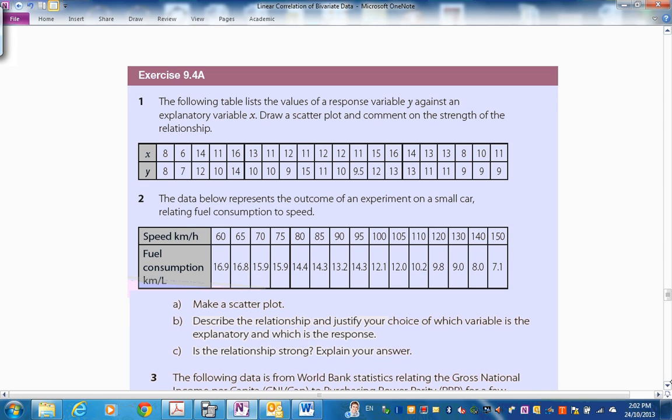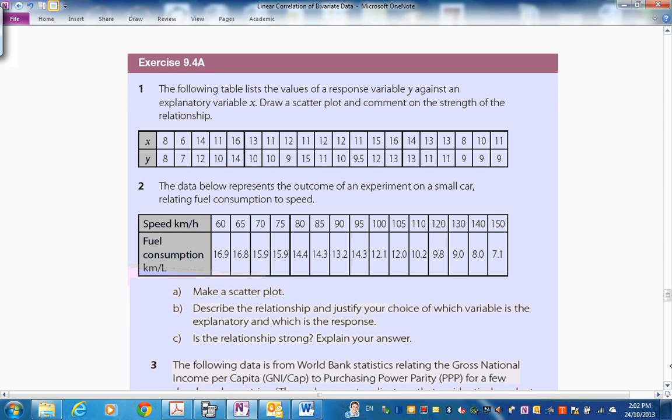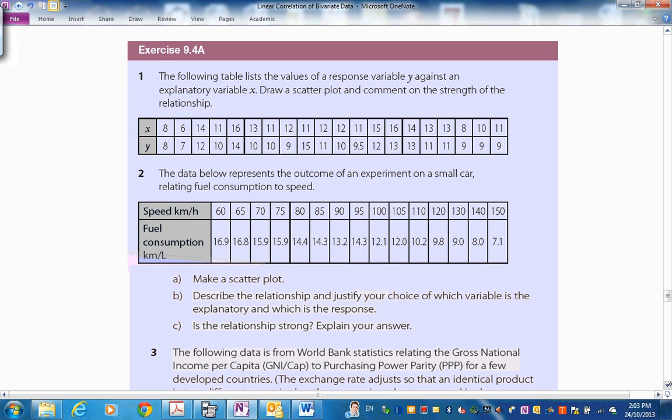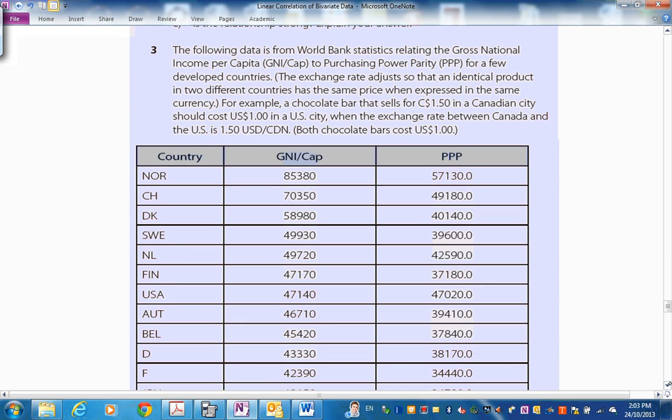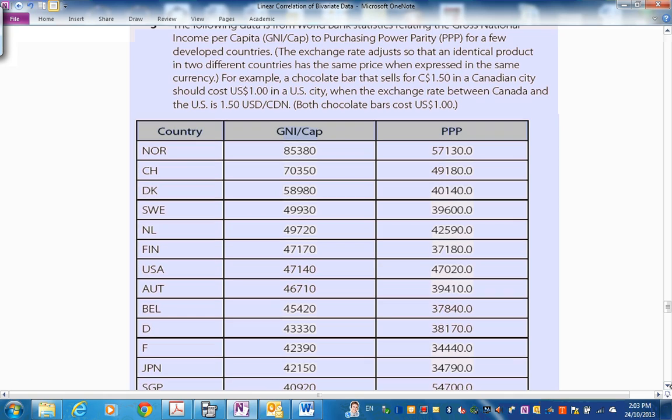So I'll put up questions 1 and 2. The fully worked solutions are coming on below, all of them. So for questions 1 and 2, if you could pause the presentation and have a go. Come down now to question 3. Let's see if we can get all the... no, we can't get the data on.